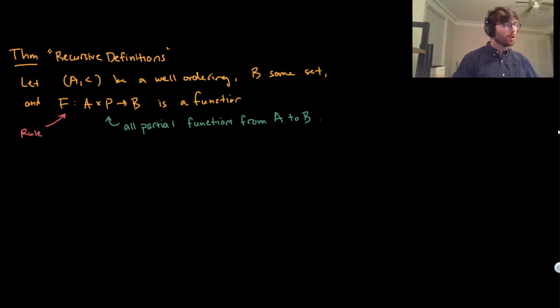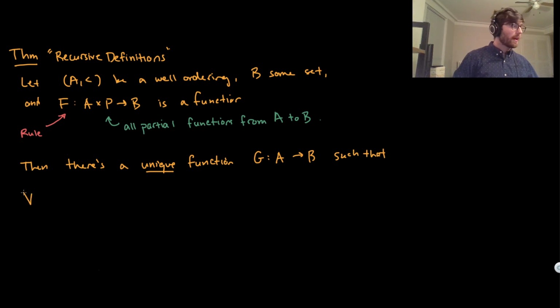And then what's the conclusion of this theorem? Then there's a unique function big G, a unique function big G. And this is going to be a function from all of A to B, such that what is true? Well, such that for every single value y in our well-ordered set A, G is supposed to tell us what G of y is.